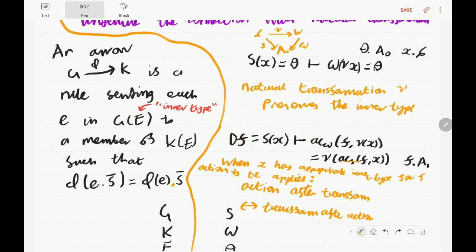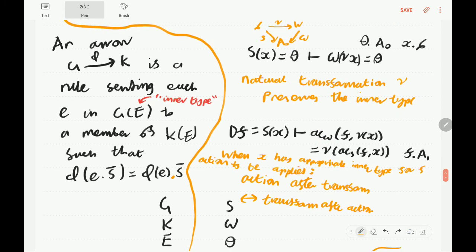Well, that implies that if we do the s action on it using f, so we get action of f comma x, and then we do the natural transformation on that, then we're going to have the same result as what we get if we first apply the natural transformation and then do this f action, but now under this second functor w.